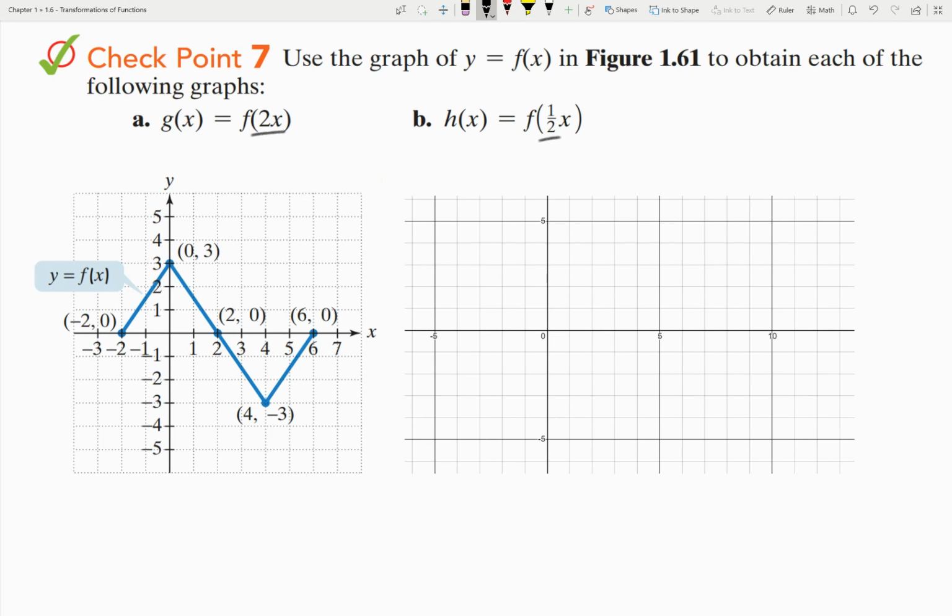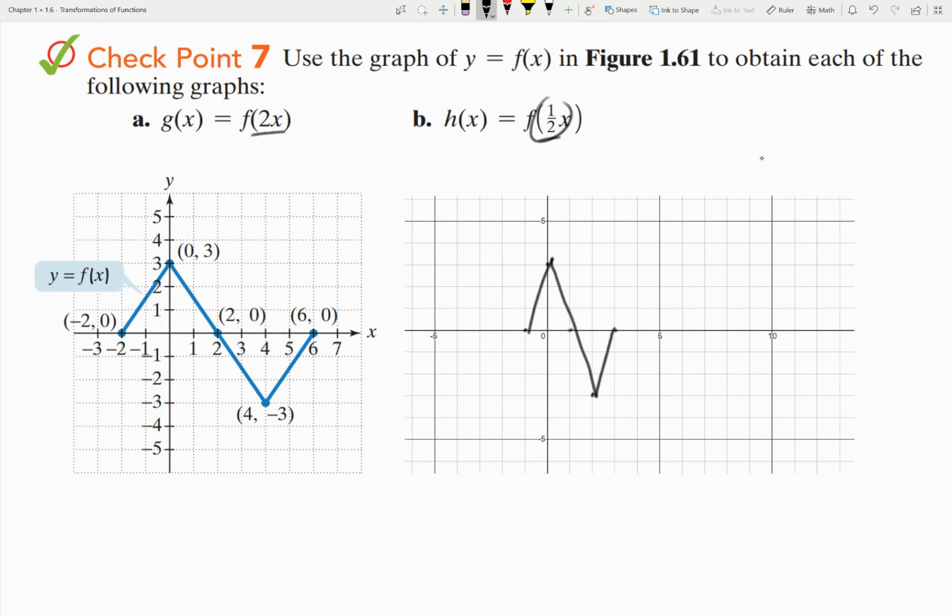Okay. So with the 2, I'm cutting all these points in half for the input. So that would be 3. This would be 1, 2, negative 3. There we go. And 3, 0. So we would get a graph like that.